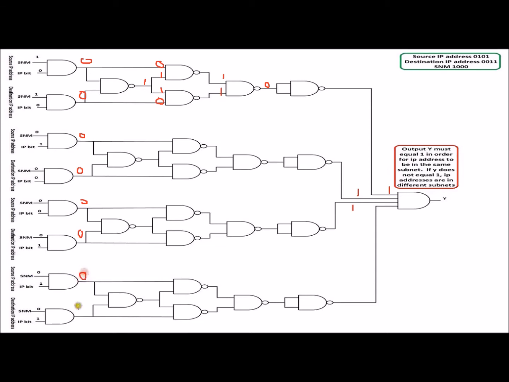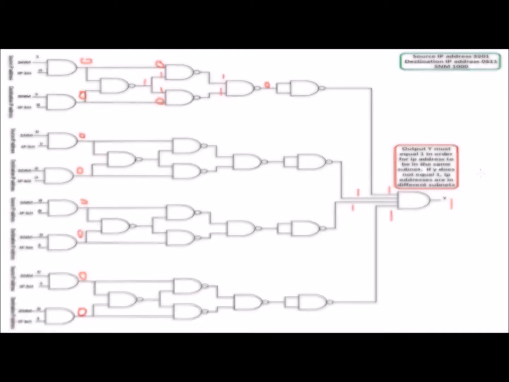We end up with a 0 and a 0 because anything ANDed with a 0 is 0. And it goes through these gates, and we end up with a 1. So since all these 1s ANDed together are a 1, we have a 1 as our output. And again, as long as the output is 1, we know that the source IP address and the destination IP address are in fact within the same subnet.